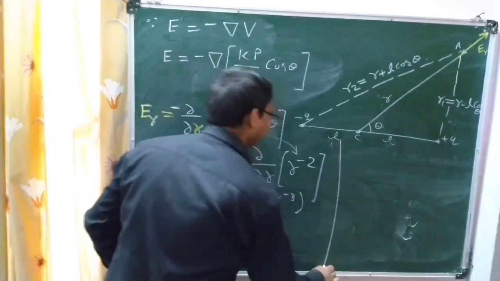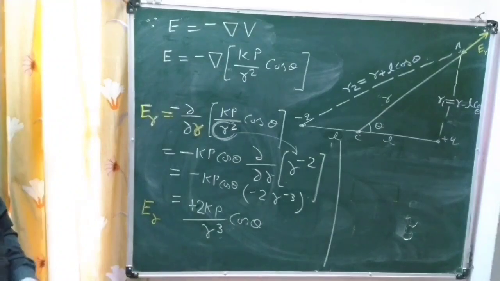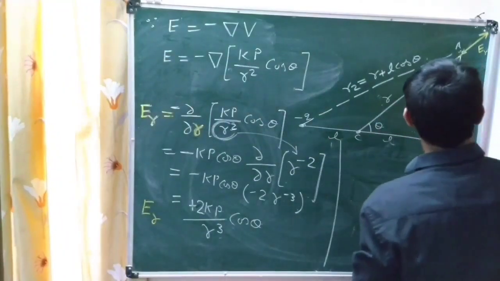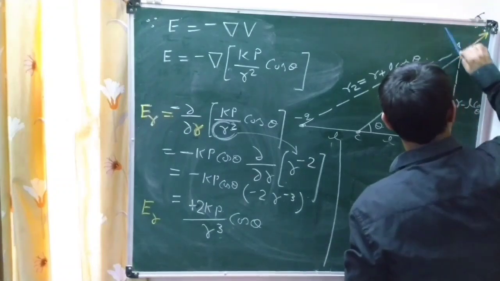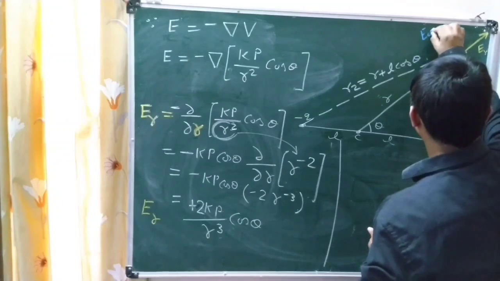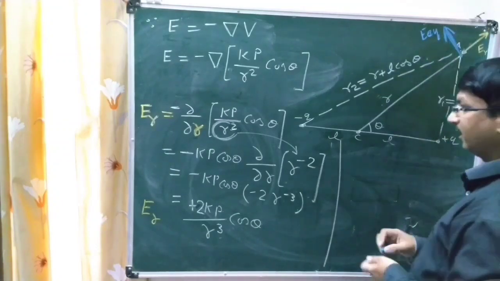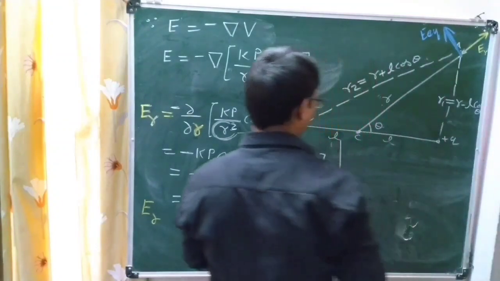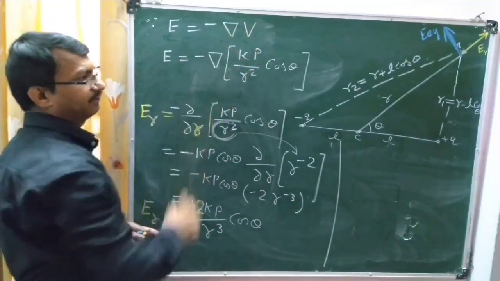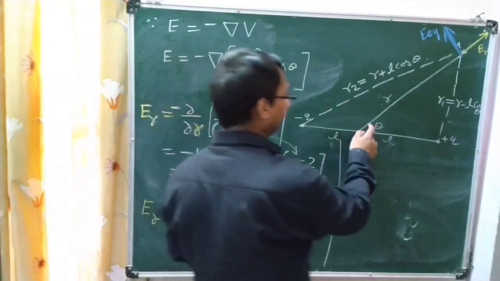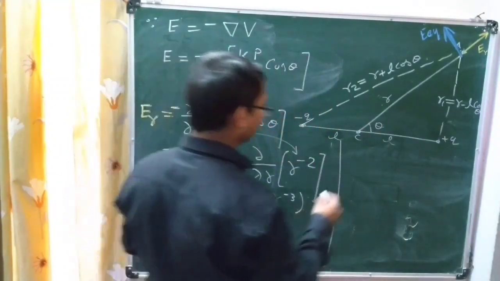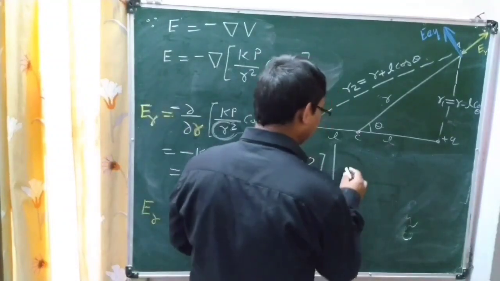Similarly, we can find E equatorial in the perpendicular direction. So this is the perpendicular direction and it is E equatorial here, and E equatorial can be found by differentiating this electric potential with respect to theta.